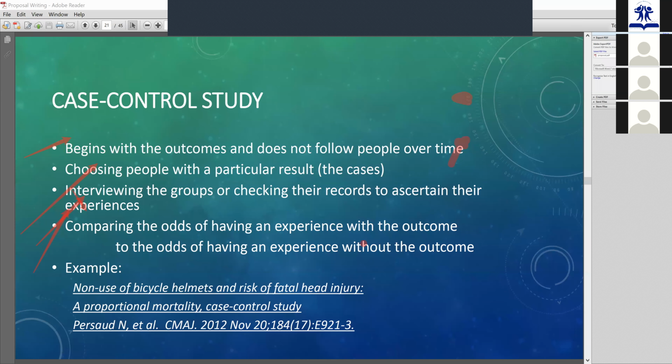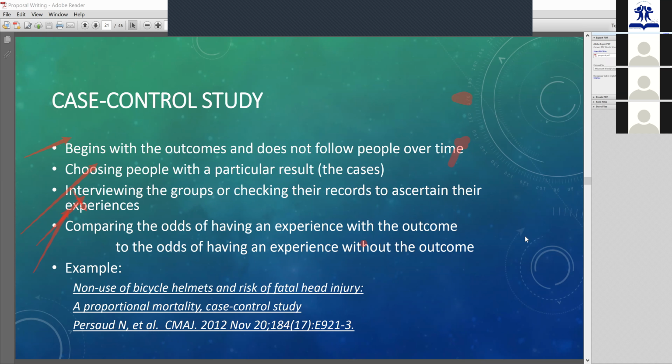I think this is a good study design for you guys. And here, an example is also given: non-use of bicycle helmets and risk of fatal head injury, a proportional mortality case control study.